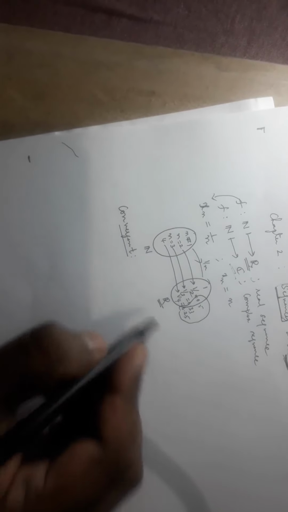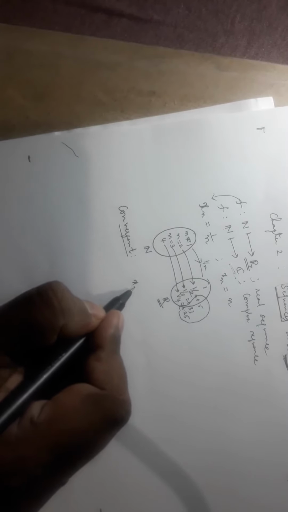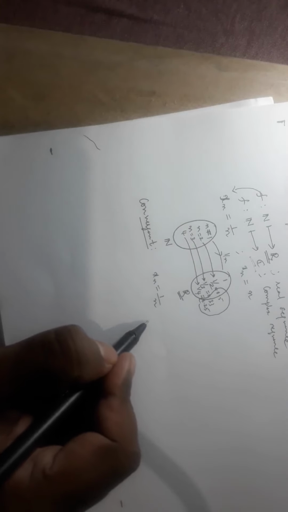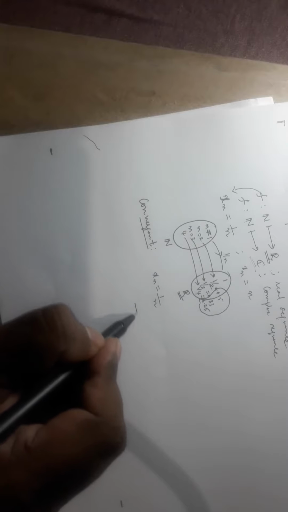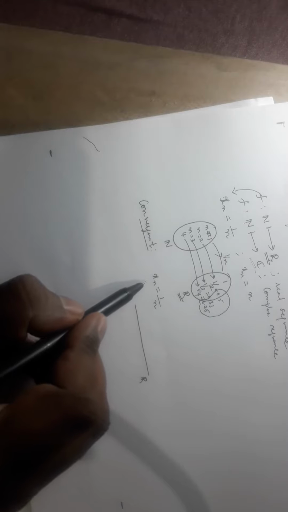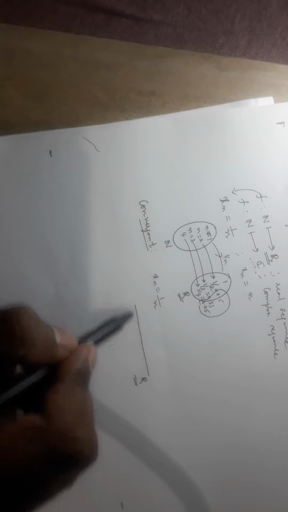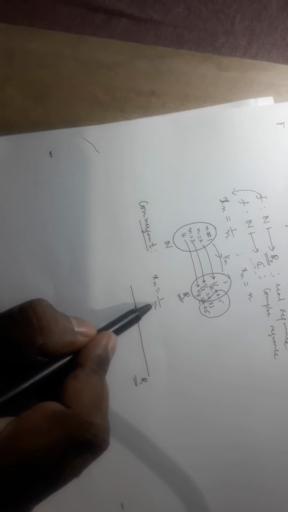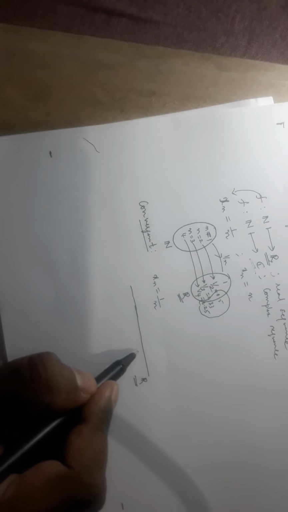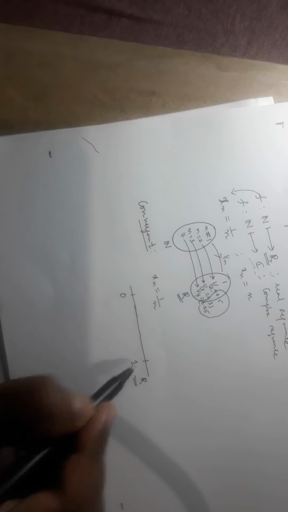See, for example, I will consider the same example, 1 by n. We'll just take the domain as N and the codomain as R. If I consider the real line, I will try to plot this on the real line. So this is the interval 0 to 1.